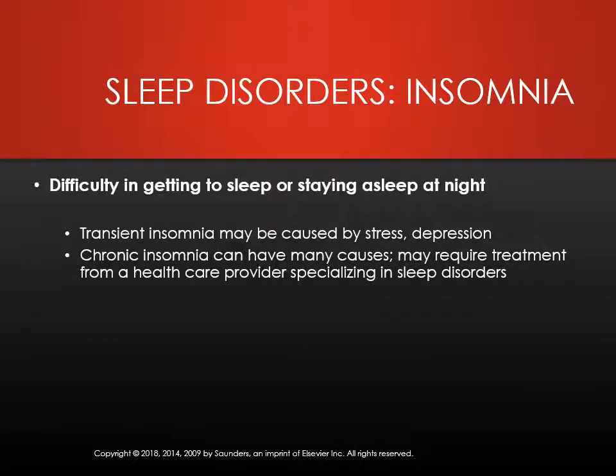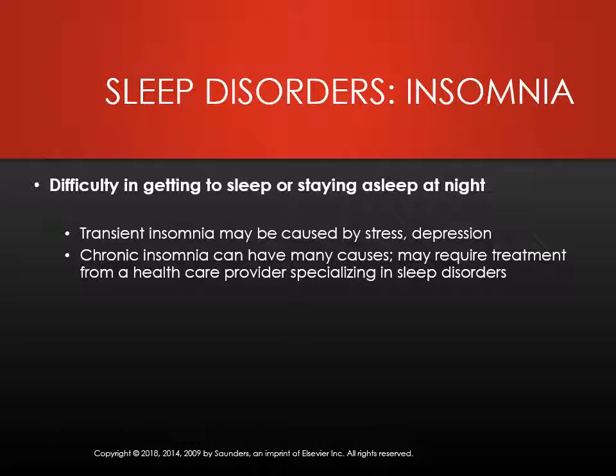Insomnia. So what is insomnia? Insomnia is referred to as difficulty getting to sleep or staying asleep at night. Insomnia may be short-term, lasting only a few nights, or chronic, lasting months or longer. Transient insomnia may be caused by stress, excitement, or changes in sleeping arrangements, and occurs when traveling.